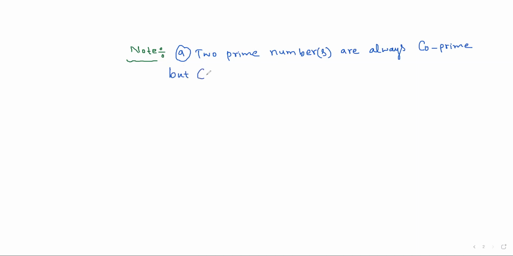First, two prime numbers are always co-prime, but the converse need not be true.